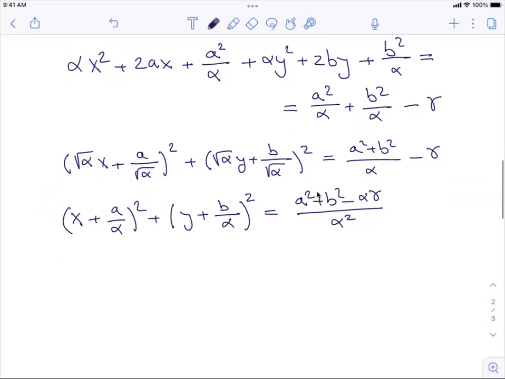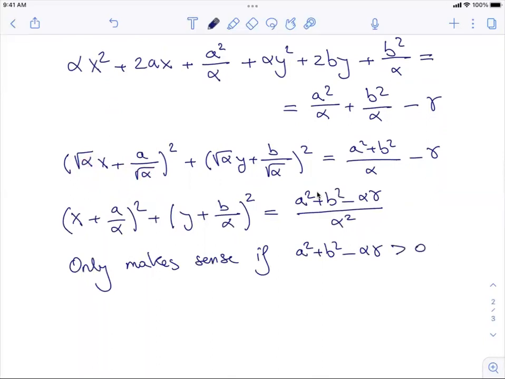But now, this only makes sense if a squared plus b squared minus alpha gamma is bigger than 0. Okay. If it equals 0, it still makes sense, but it's just a point.